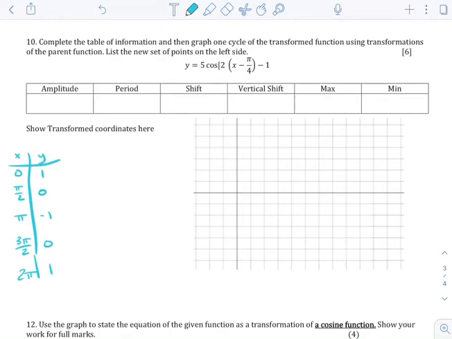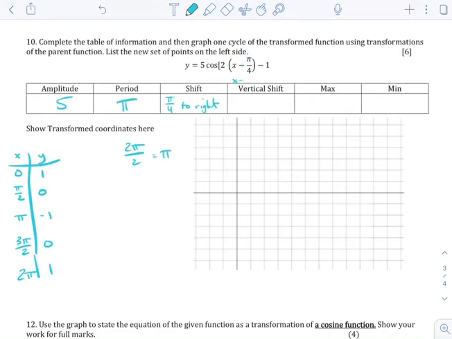So if I'm filling in this information, the amplitude is the a value, 5. Period, well, I know that that's 2 pi over k. In this case, k is 2, so pi. The shift that we see, well, I see that it's been shifted pi over 4 to the right, because our d value is pi over 4, right?